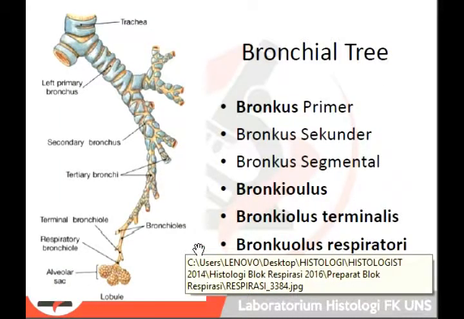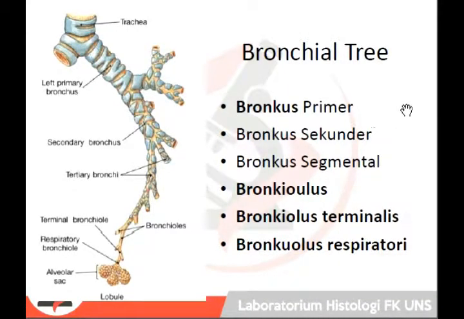The next, lower part we will discuss is the bronchial tree. Here we can find the primary or principal bronchus and the secondary bronchus, also known as the lobar bronchus, two in the left hemithorax but three in the right hemithorax.